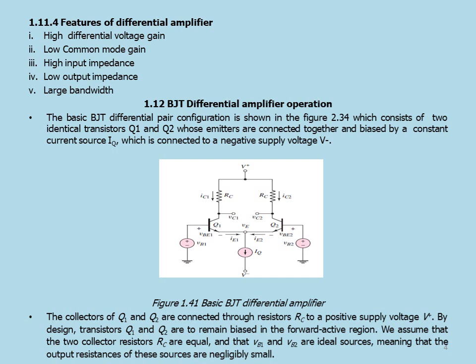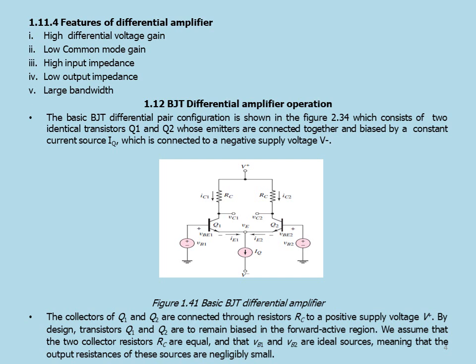Usually when we design a differential amplifier, we have to reduce the common mode signals, so eventually we have low common mode gain. Another important point is that it should have high input impedance, low output impedance, and larger bandwidth.